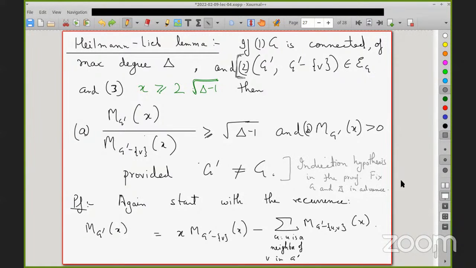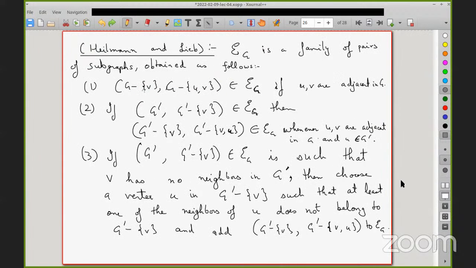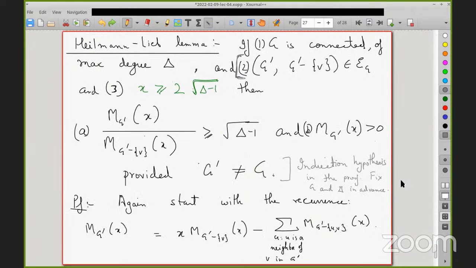Okay, so fix G, fix delta, define EG by these operations. So with foresight you have defined it in such a way that it will contain all the pairs that you can ever generate using this process. Then, yeah, then you do this.